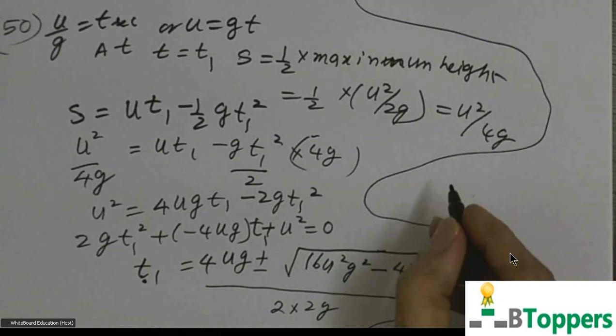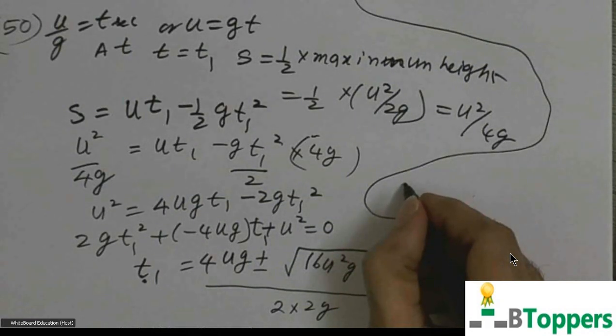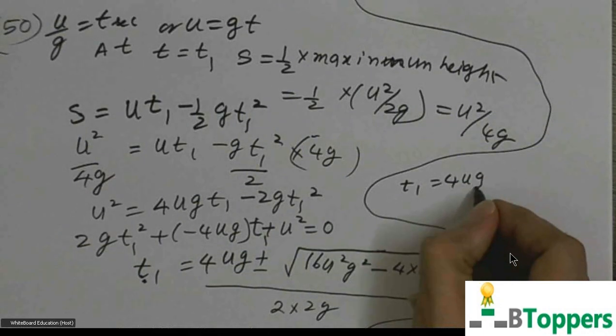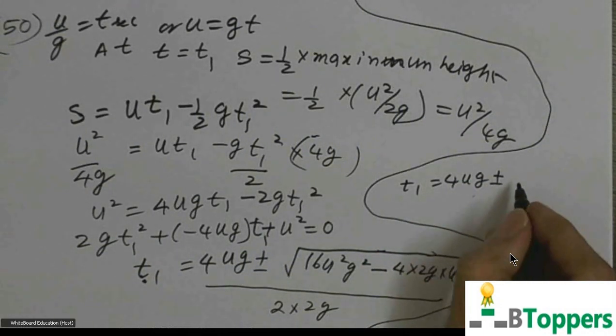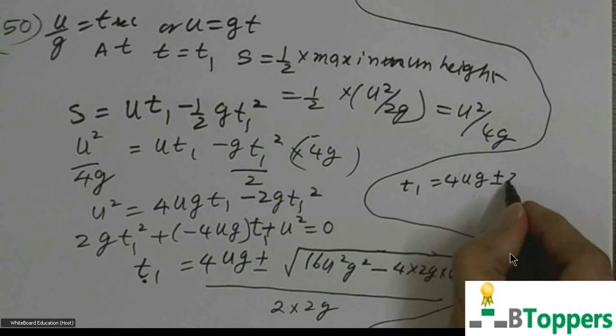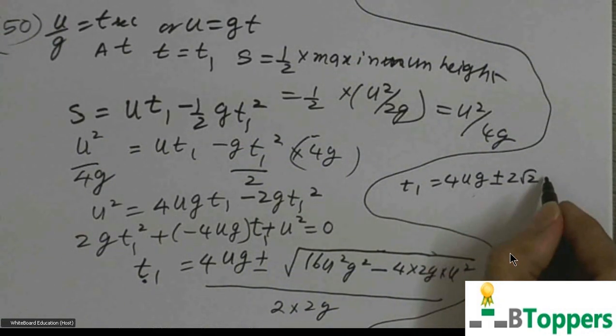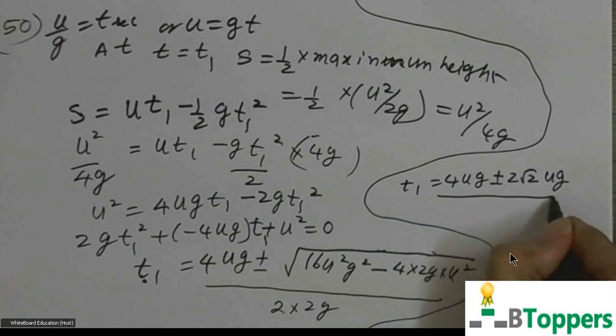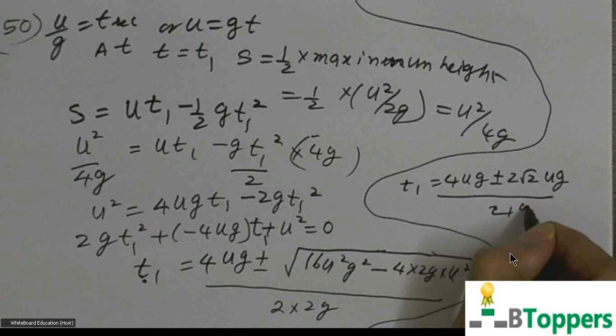If you simplify this and consider the larger value of t1 only, you get 4ug plus or minus root of 16 minus 8, which is 8, and 8 can be written as 2 root 2, into u into g, by 4g.